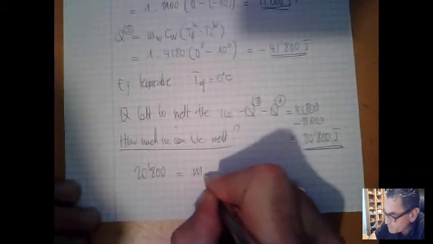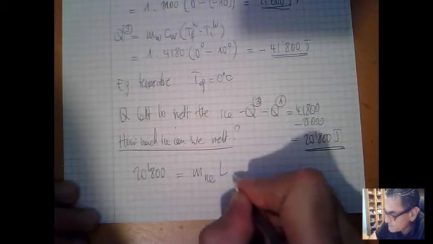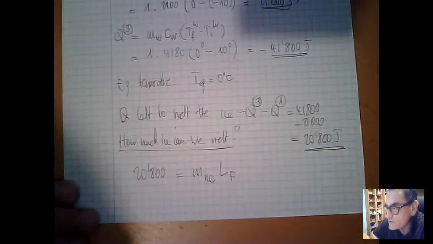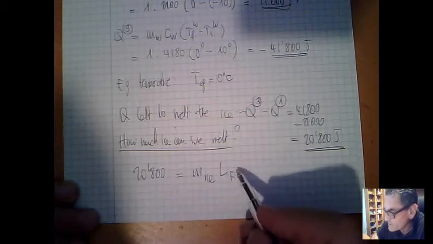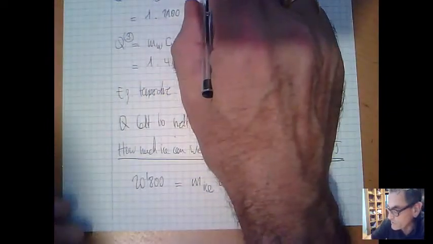And this is equal to the mass of ice times the fusion latent heat, because this term corresponds to all the plateau here.